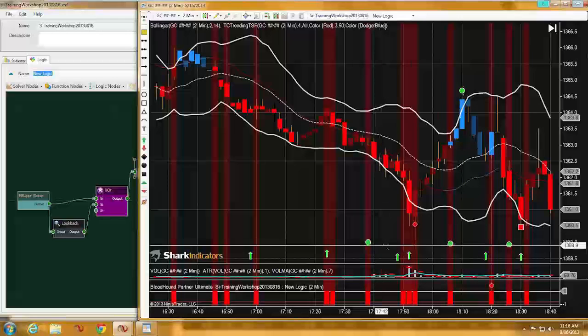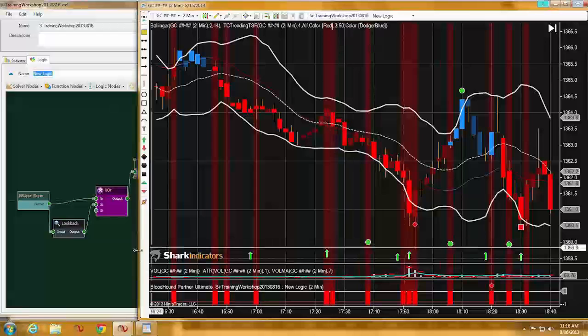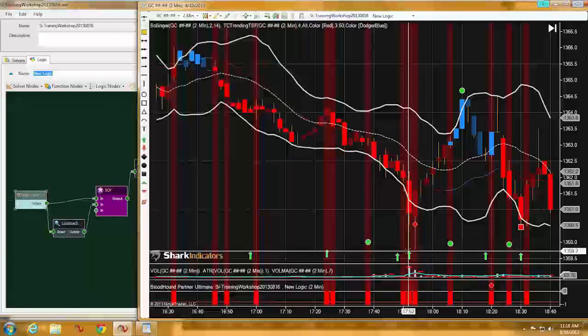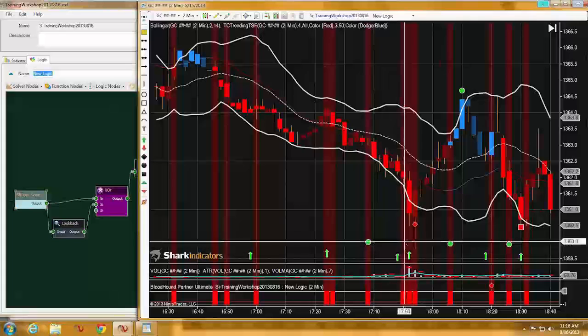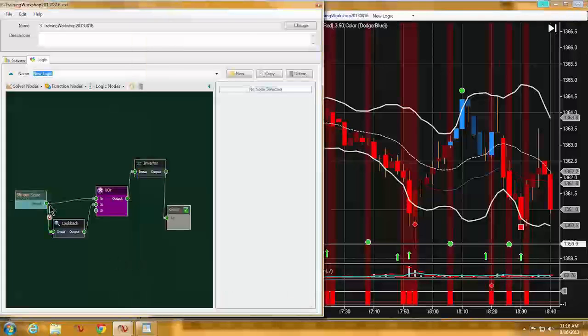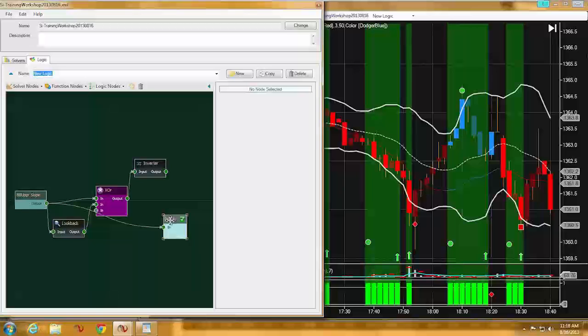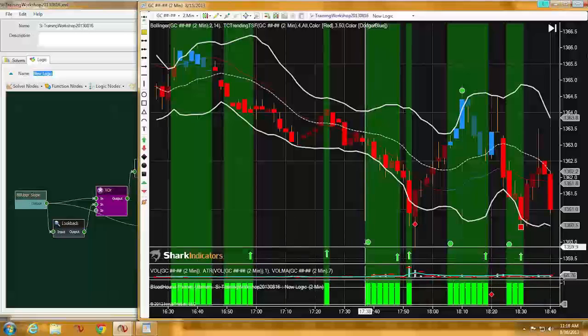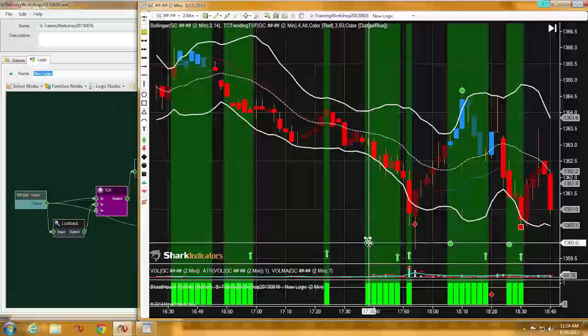Okay, so now I just need to work on cleaning up the signals. We need to eliminate the exit signals on our first bar of the entry signals.